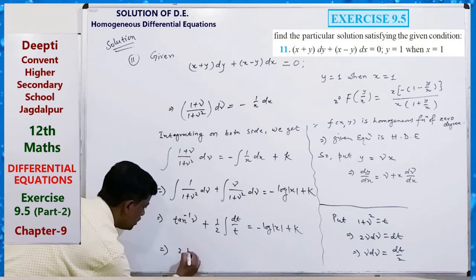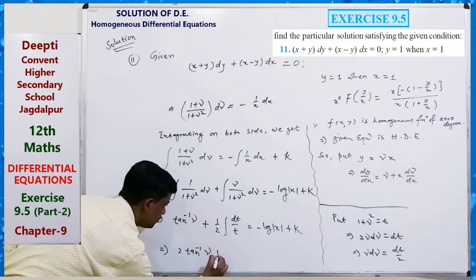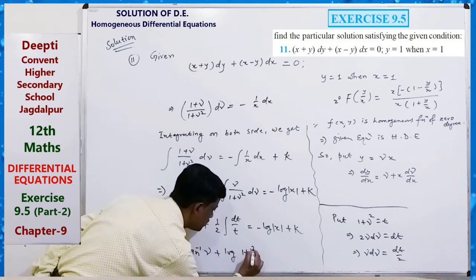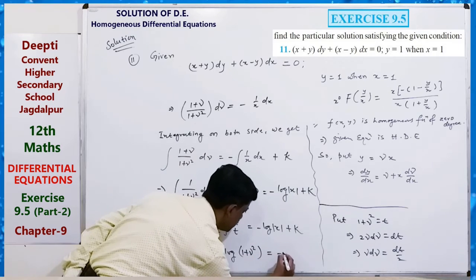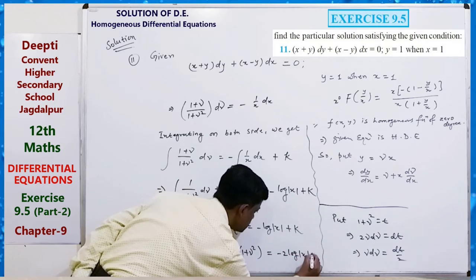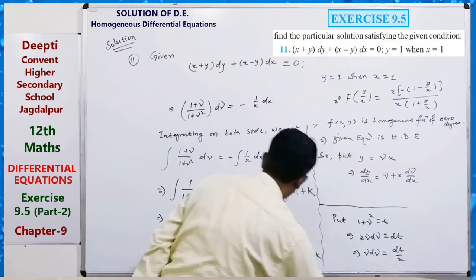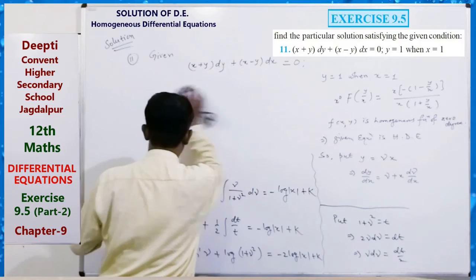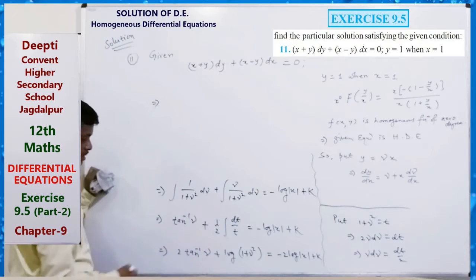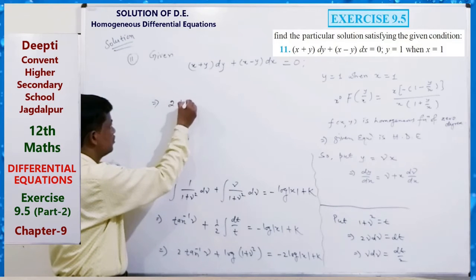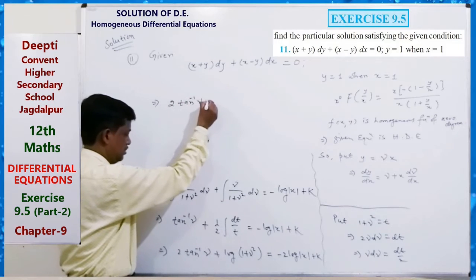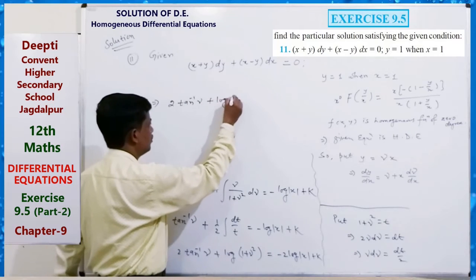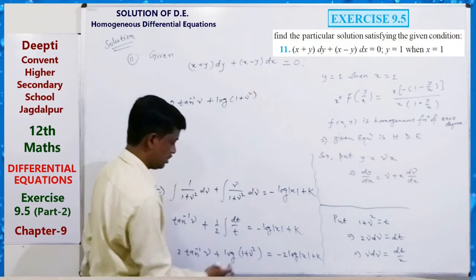Here we see that 2 tan inverse v plus log of t means what? 1 plus v square. 1 plus v square equals to minus 2 log of mod x plus k. Okay, so finally we solve it just like this. Implies here 2 tan inverse v plus log 1 plus v square.